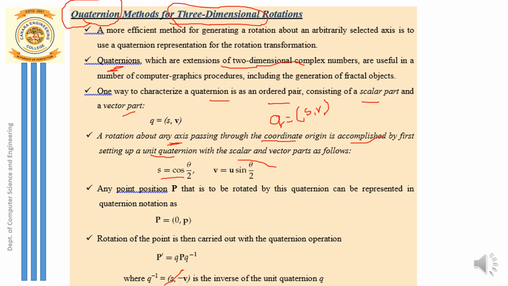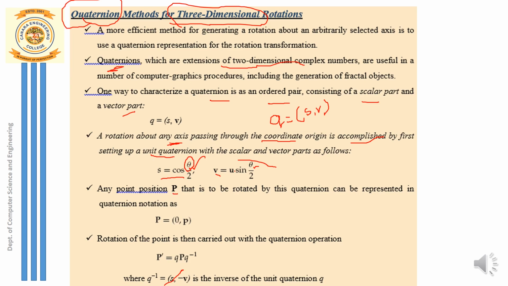The scalar component is given by cosine of theta by 2, whereas the vector component is defined by a vector u into sine of theta by 2. This is a vector with both direction and magnitude. Remember, all that I require is the angle of rotation. With its help, I calculate the scalar component and then the vector component. Using these two values, I can perform the rotation about any given axis by taking the fixed point as origin.